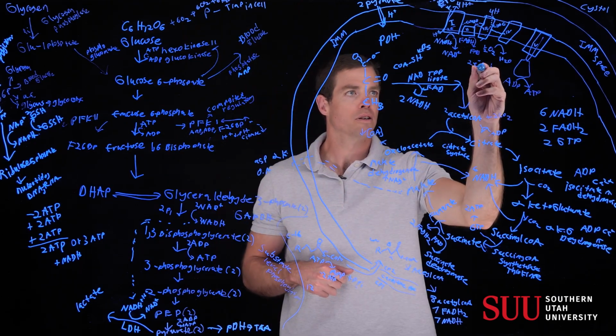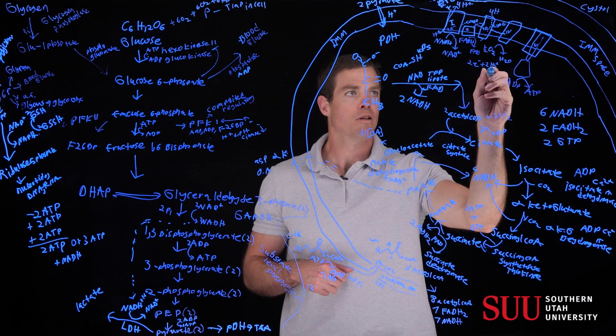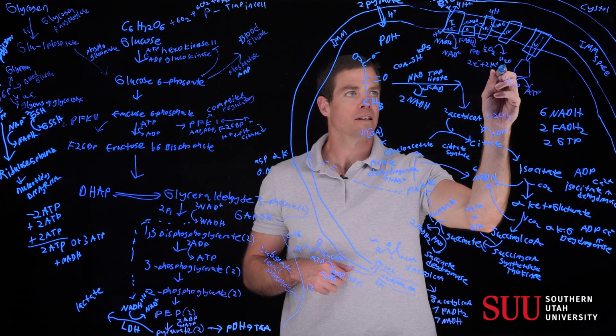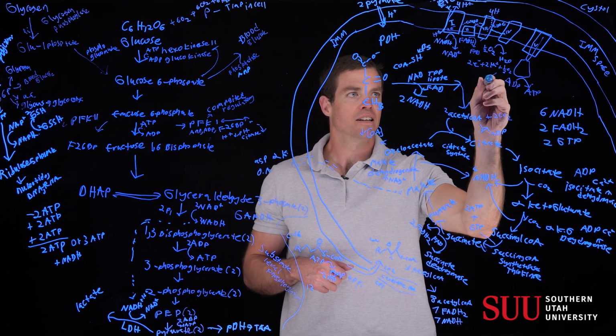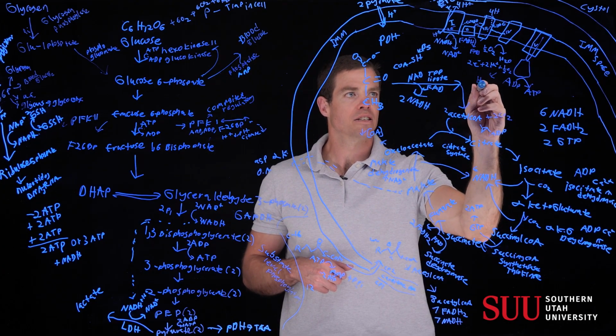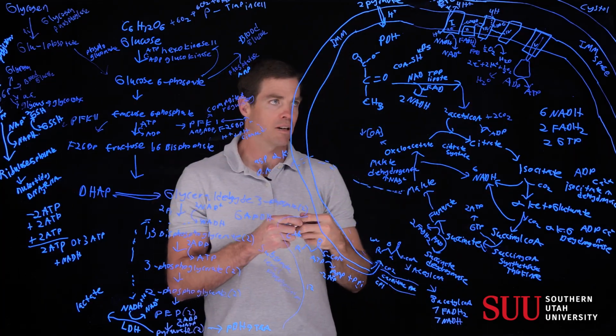So 2 electrons plus your 2 hydrogen ions plus half of an oxygen molecule is going to make H2O. All right, that's the stoichiometry that we're talking about, okay?